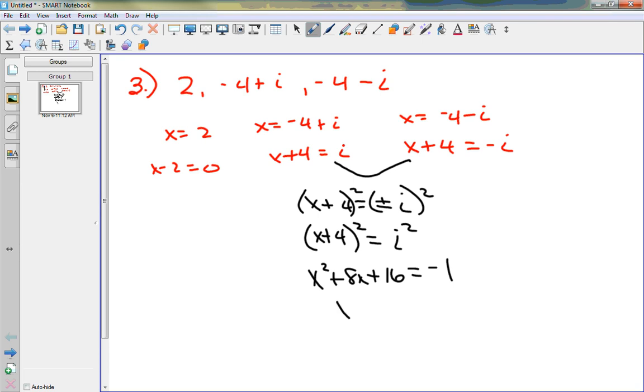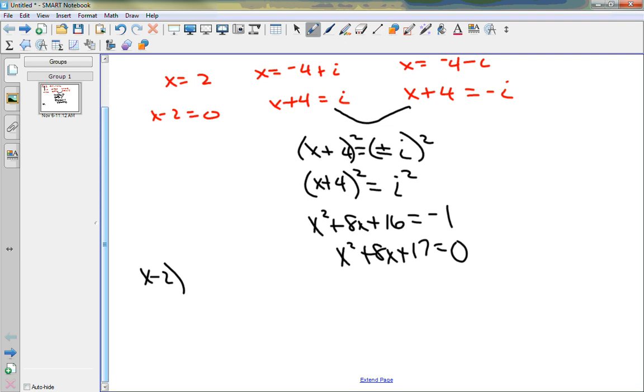Bring the 1 over. I have x squared plus 8x plus 17 is equal to 0. Now what do I do with the red and the black? Multiply them together. So that's going to give me x minus 2 times x squared plus 8x plus 17 is equal to 0.